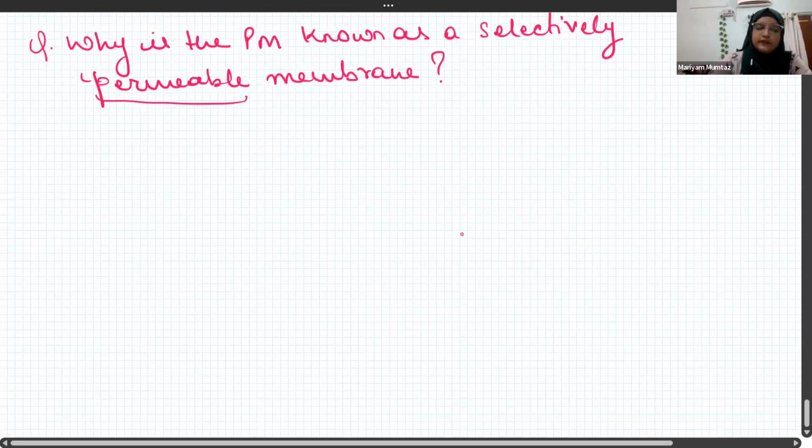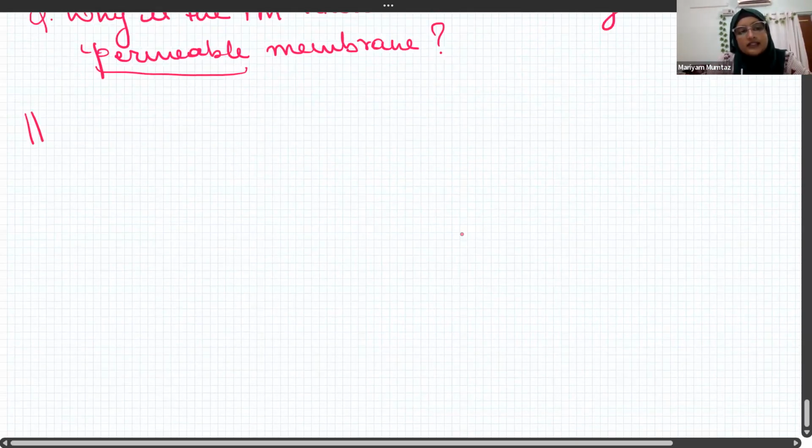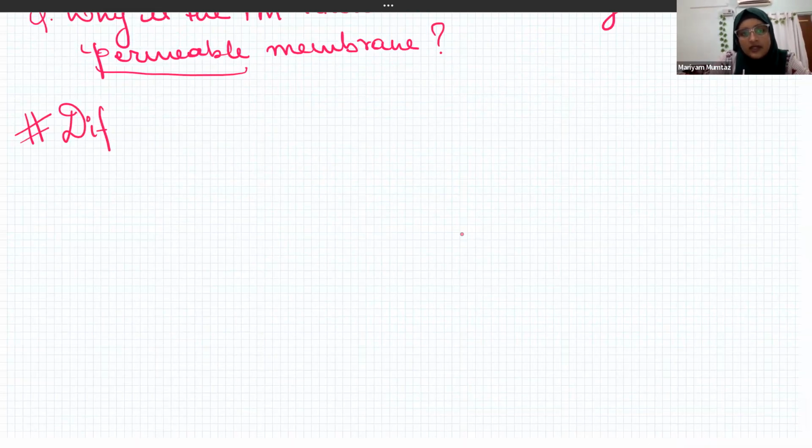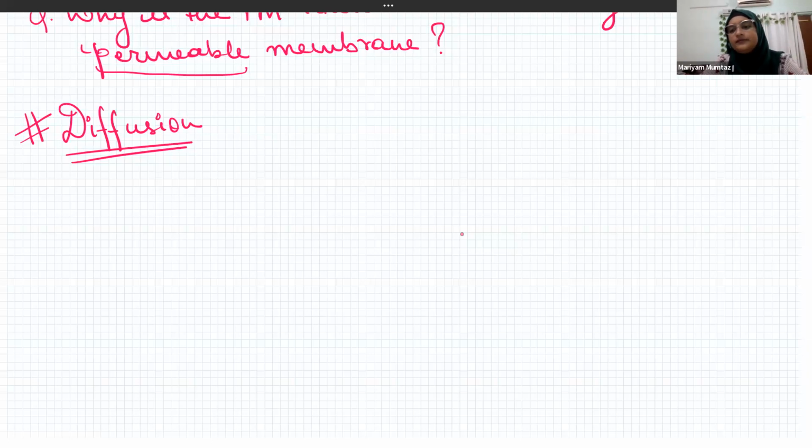All right, so moving forward, now we will discuss something about this very interesting and fascinating phenomenon, which is known as diffusion. Now, does anybody know what is diffusion? Diffusion is, in simple terms, mixing of some substance with another.